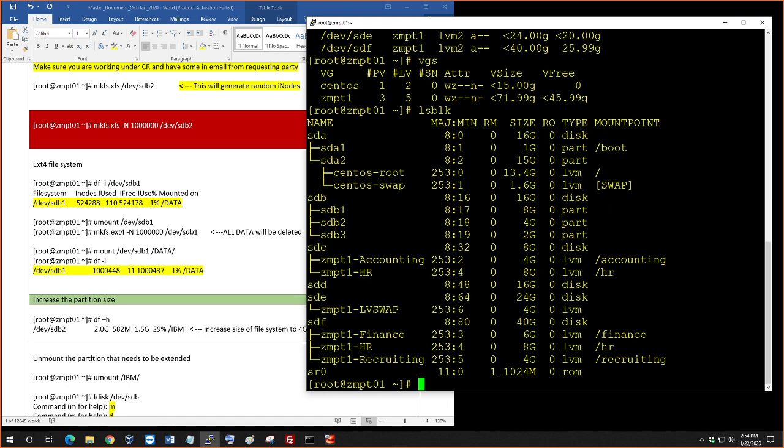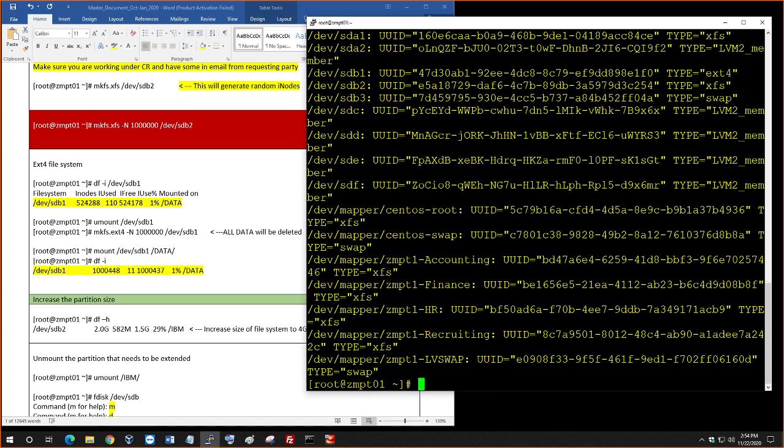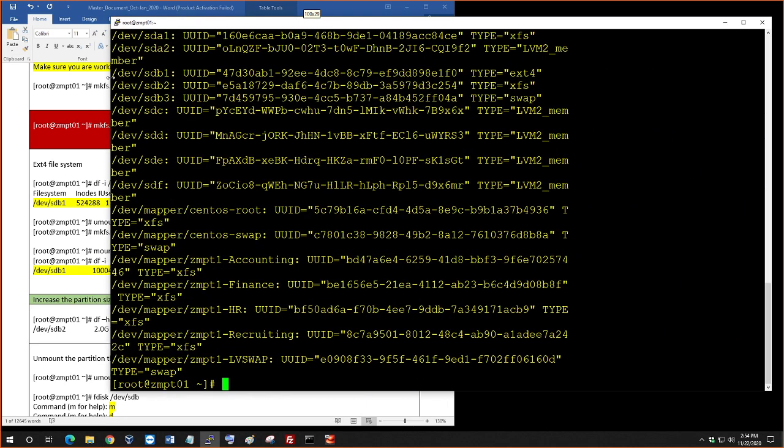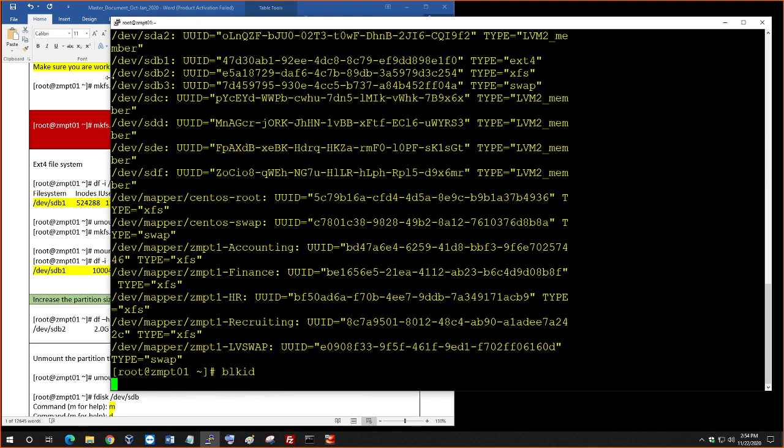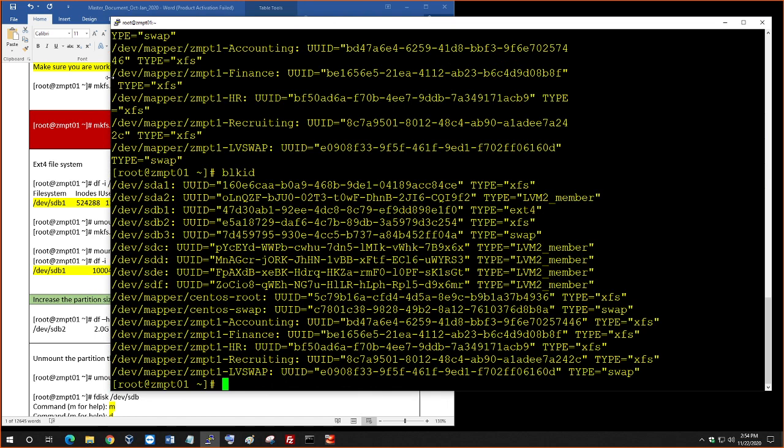LSBLK. So you look at SDB2. It's LVM here, right? BLK ID. BLK-ID will show you what kind of LVM is SDB2. So if you're looking at, so you could have multiple file system on one drive.